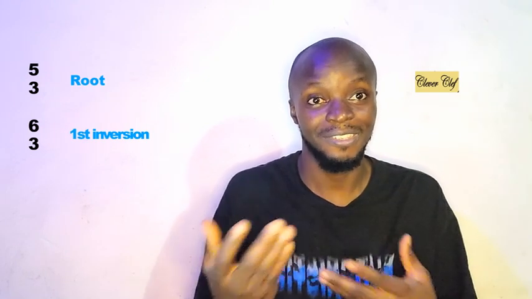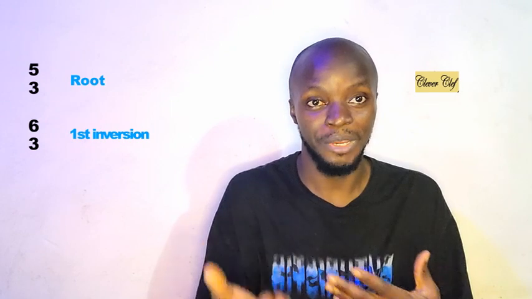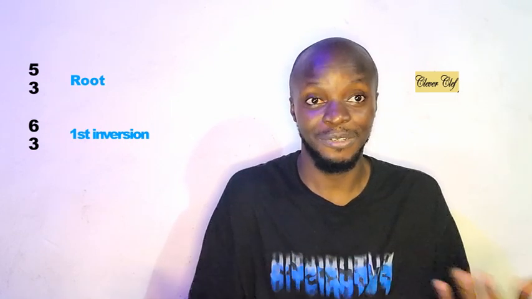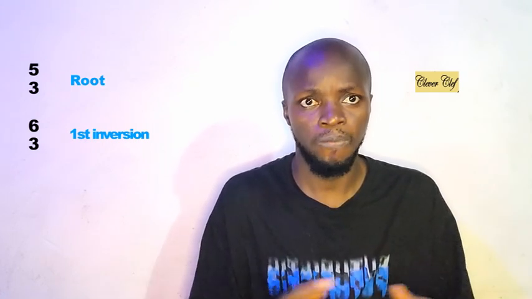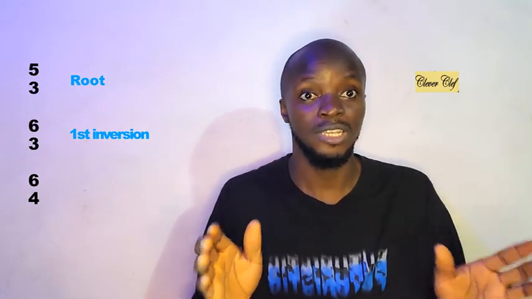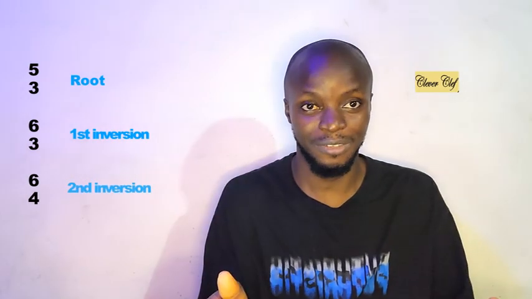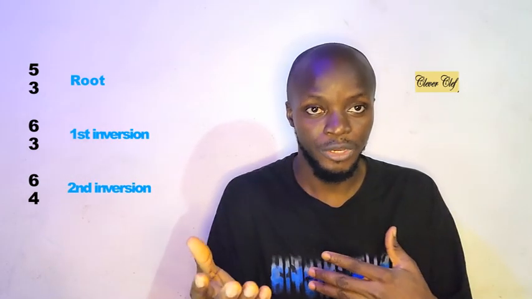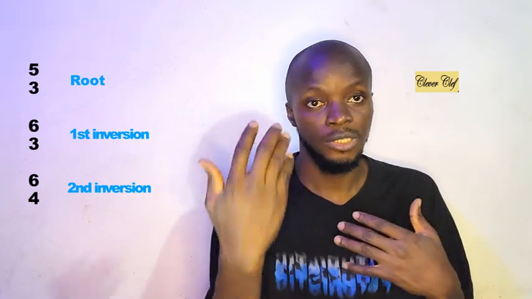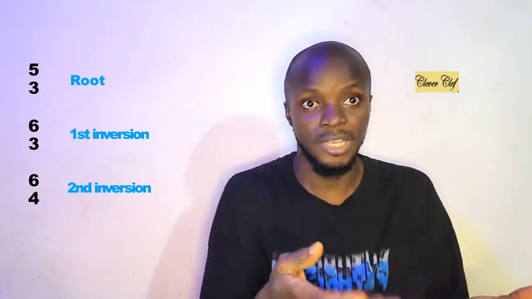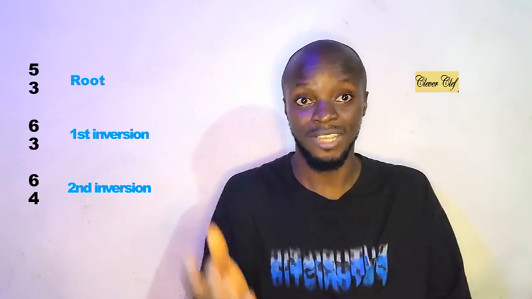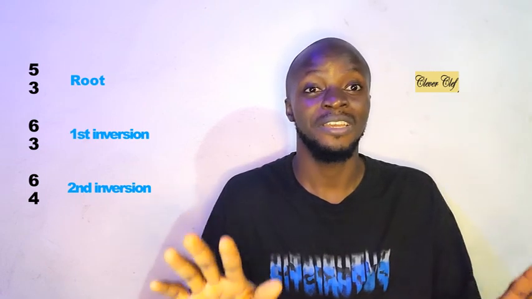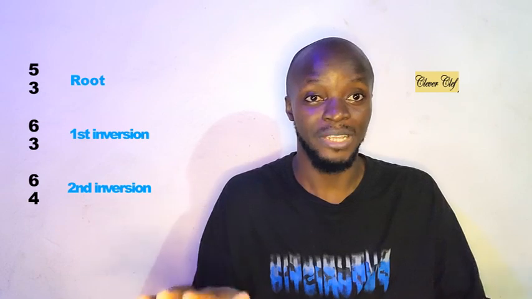So when you see 6 written below a chord, it shows that the chord is in its first inversion. When you have 6-4, it shows that that chord is in its second inversion. We have 5-3 for root position, 6-3 or simply 6 as the first inversion, and 6-4 as the second inversion. That is talking about chords in their basic form.